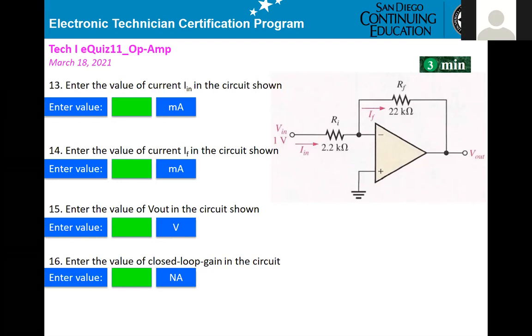It should be dimensionless, which is NA, not applicable. It means they don't have a value. It's dimensionless. It's just a ratio.